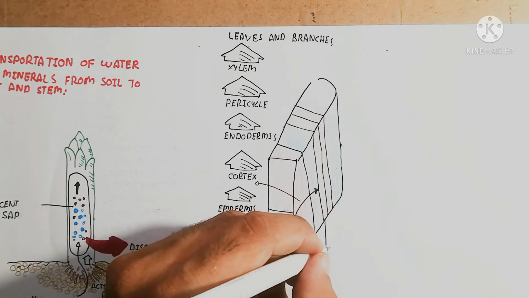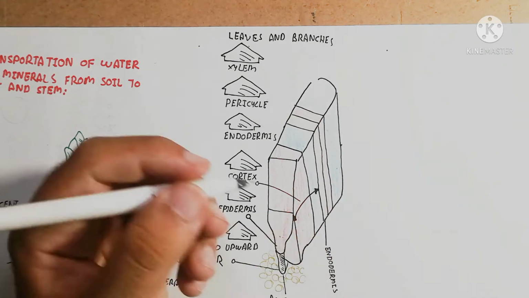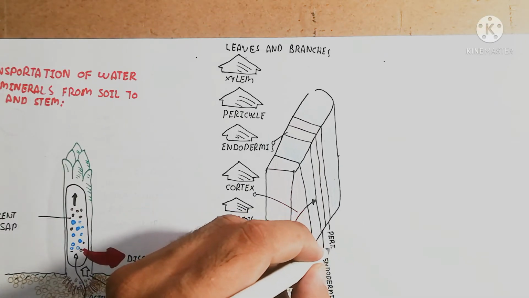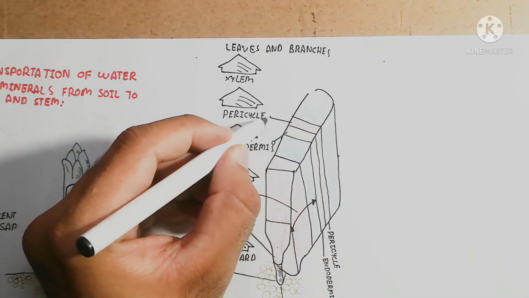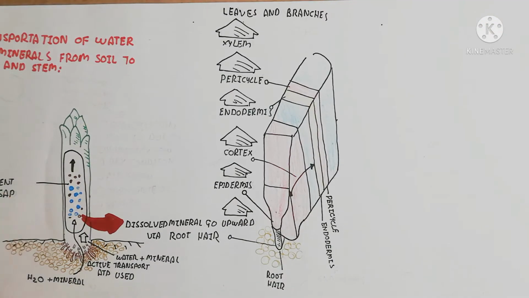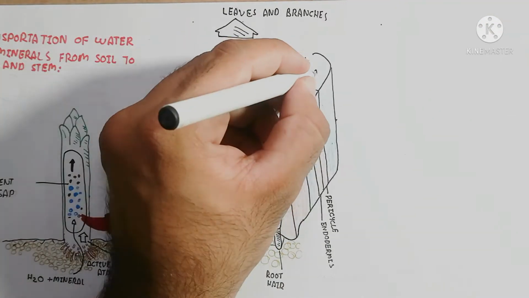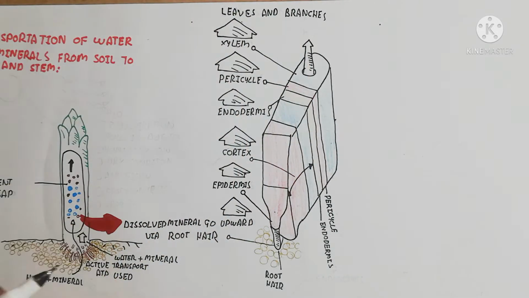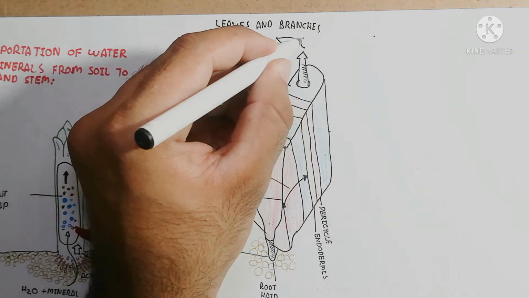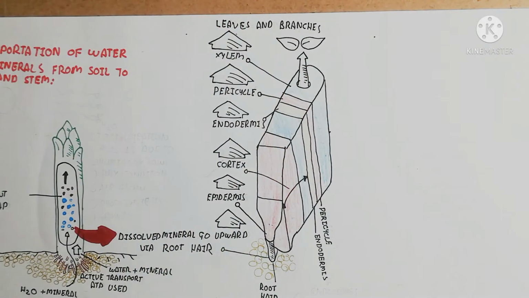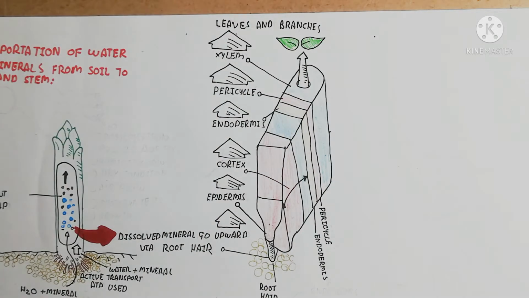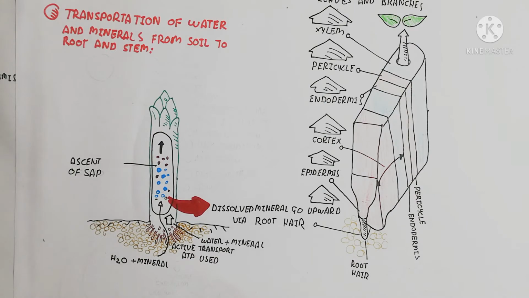The pericycle contains living cells and leads into the xylem. The endodermis contains a Casparian strip, so the water will change its path, go into the xylem, and ultimately into the leaves and branches for photosynthesis, producing sugar as well as other nutrients. That is why the plant is an autotroph, because it produces energy itself.